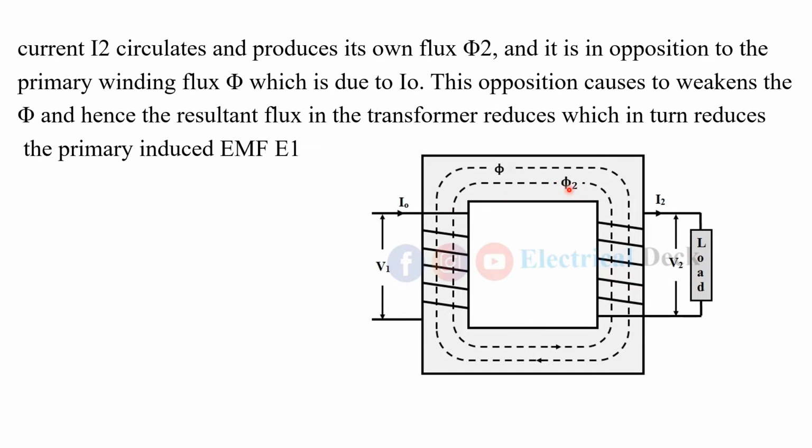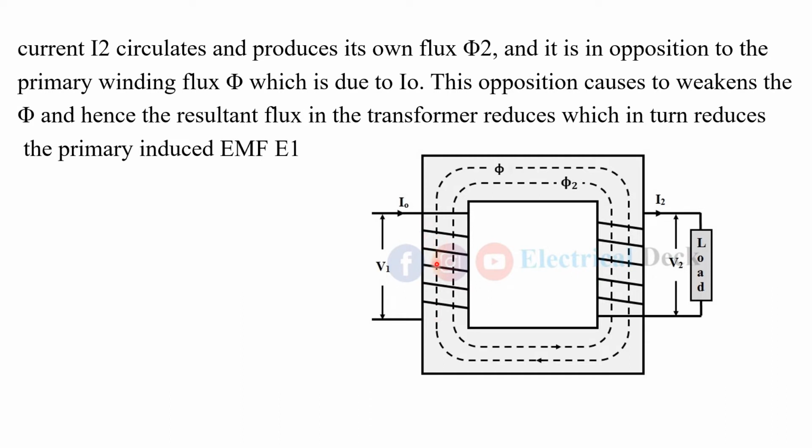When phi 2 flows through the core in the opposite direction of the main flux, the strength of the main flux phi will decrease, or phi 2 will demagnetize the main flux phi. Due to this demagnetization, the EMF induced in the primary side will decrease.